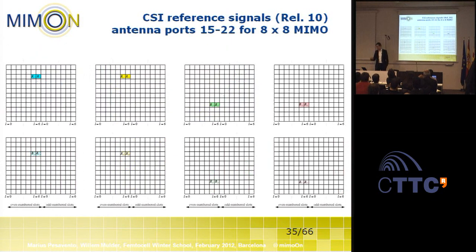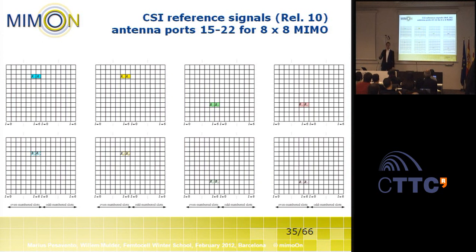On the next slide, we see reference signals that are used for carrying out channel measurements. Even if a user equipment is not scheduled on an 8x8 transmission mode, these reference signals can be used to estimate the channel conditions and to prepare a feedback to the transmitter.